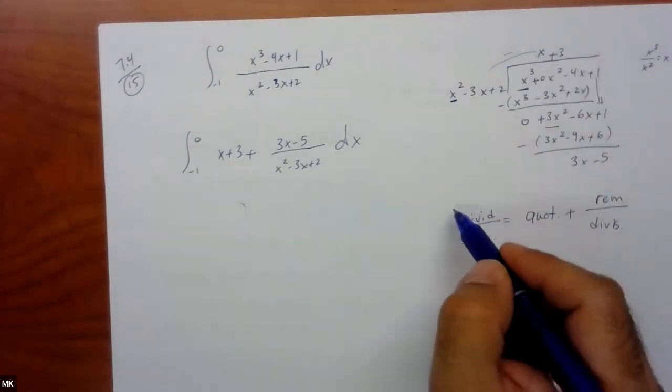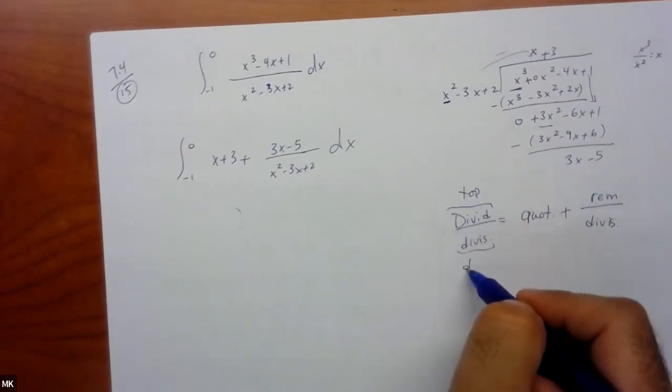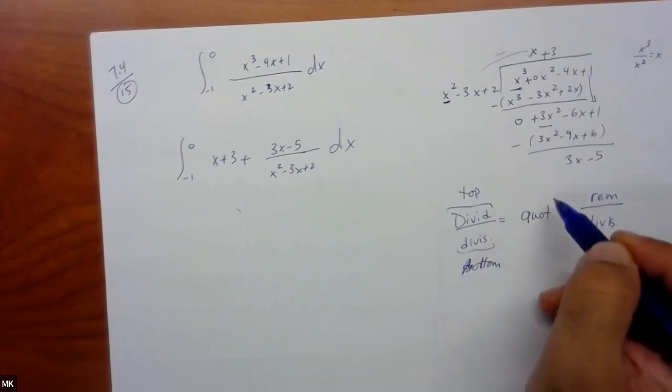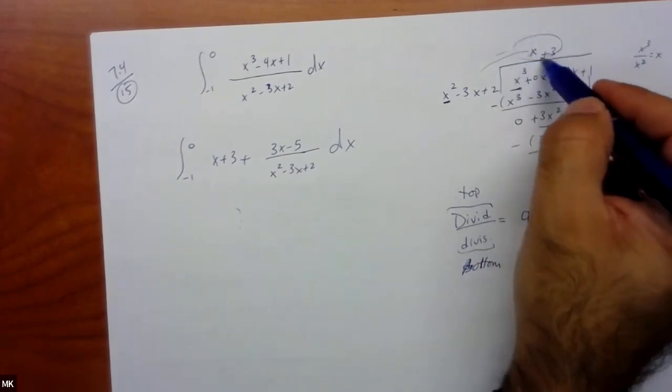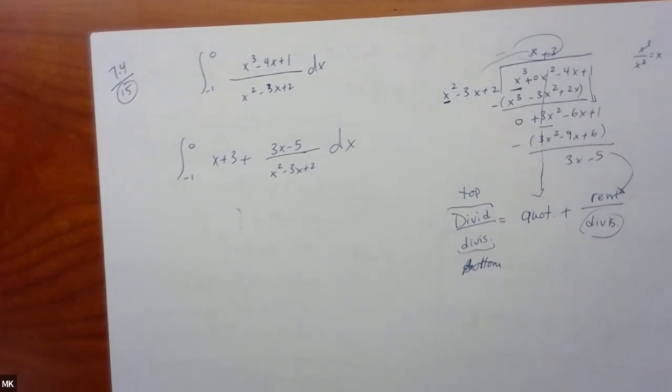The top, this is the original top, right? This is the original denominator or bottom. This is the quotient, the remainder is what you end up with here, and then divisor still is the original bottom. Same thing as numbers. Numbers, you do the same thing.